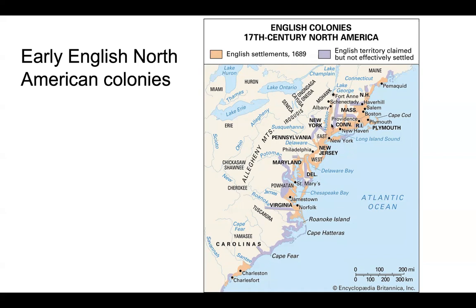So riverbanks. For example, look at the Hudson River. You see there are some settlements there, and also some settlements along the Potomac River in Maryland, Delaware River as well.